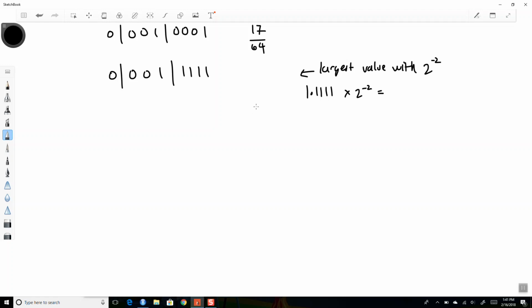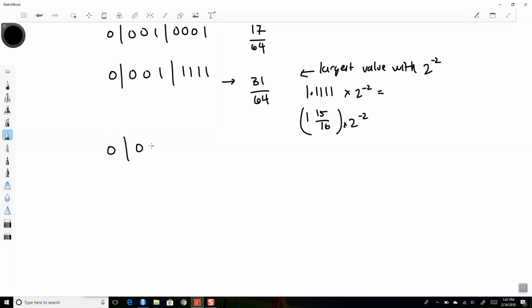Wait, no, 31/64. Right, this is 1 and 15/16 times 2 to the negative 2, so it becomes 16 plus 15 over 64, which is 31/64.